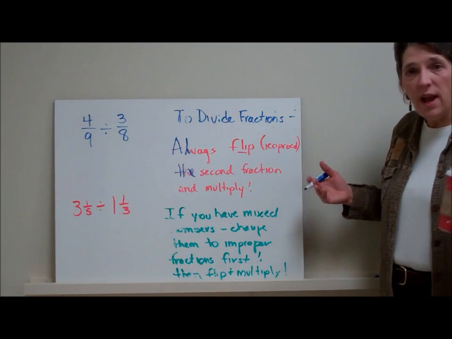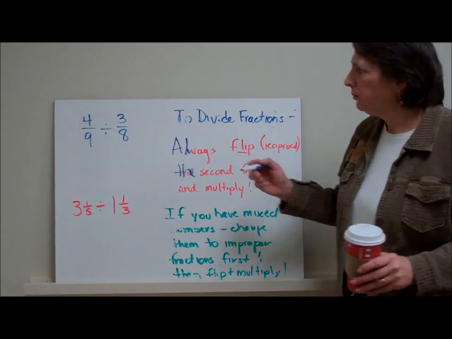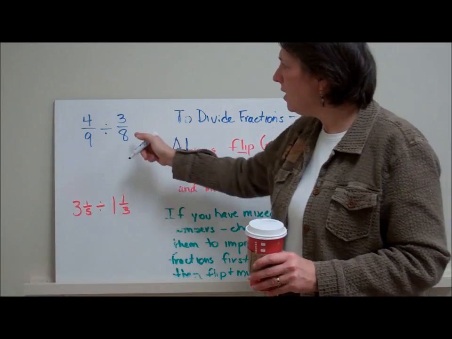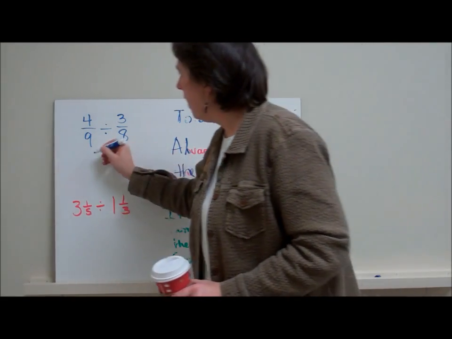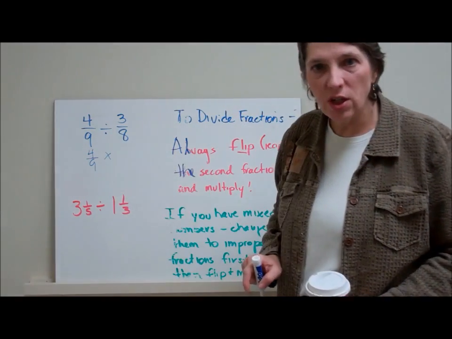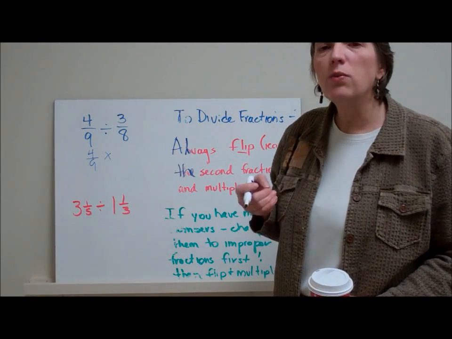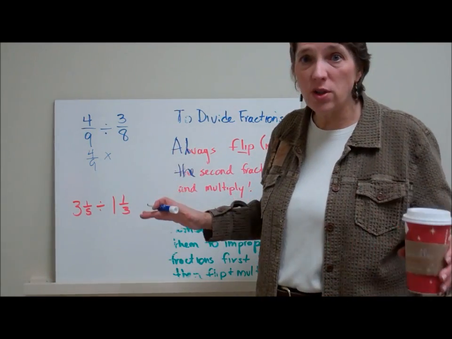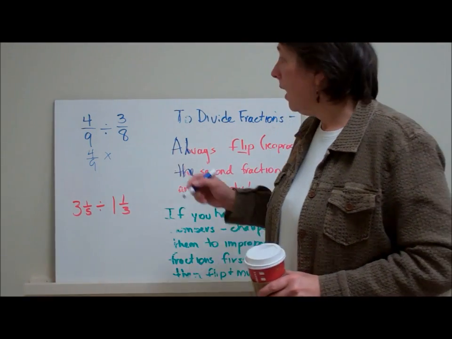So you're going to do it the same way, and we're going to walk through it. So immediately I have division and I have fractions. So I rewrite the problem, I change it to multiplication, and I take the reciprocal of the second fraction always, or the second number, and I multiply.